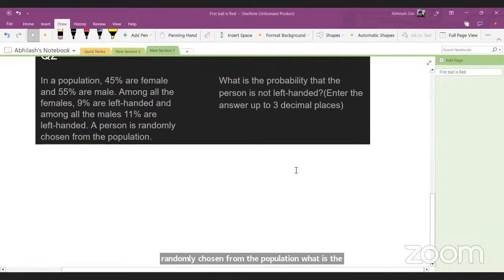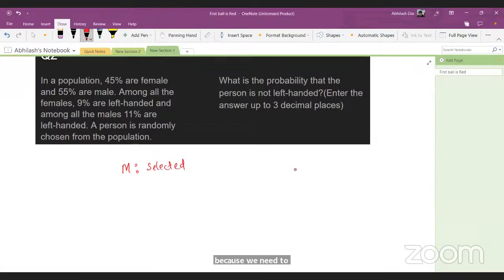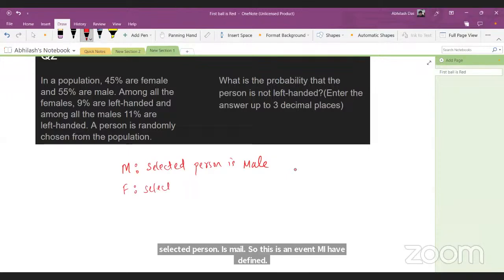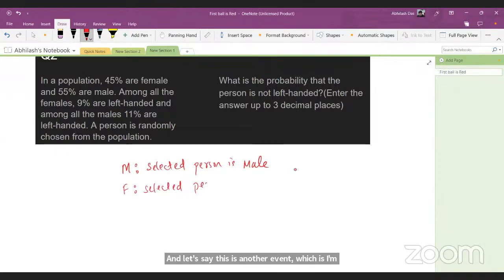So let's define some events. Let's define an event M, which is the selected person is male, because we need to select a person from the population. Another event I am defining is F, the selected person is female.